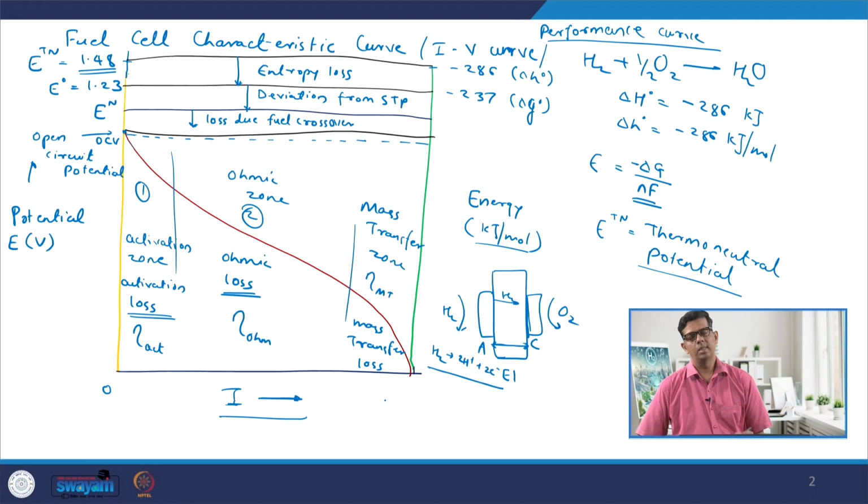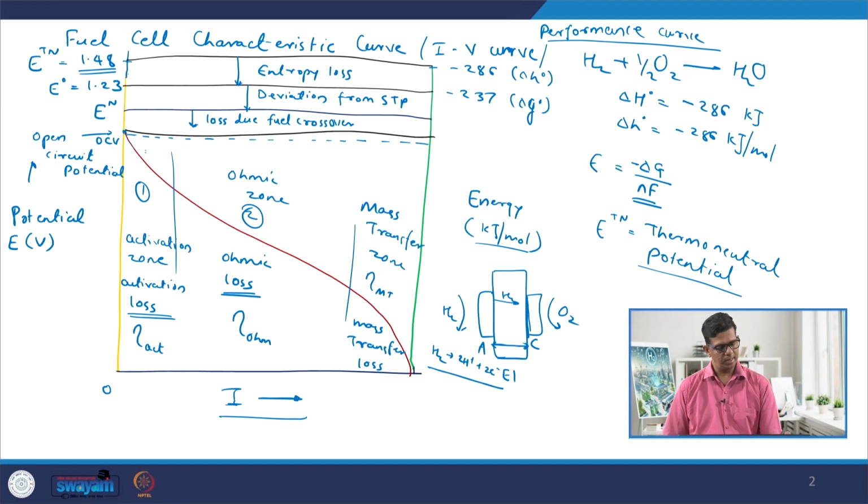So, these three losses play a huge role, and these are the losses that determine how the performance of this fuel cell or any fuel cell of interest would look. So, the efforts, as I discussed earlier, are basically to minimize these three losses so that this current voltage curve remains as horizontal as possible with respect to the line that I have drawn here.